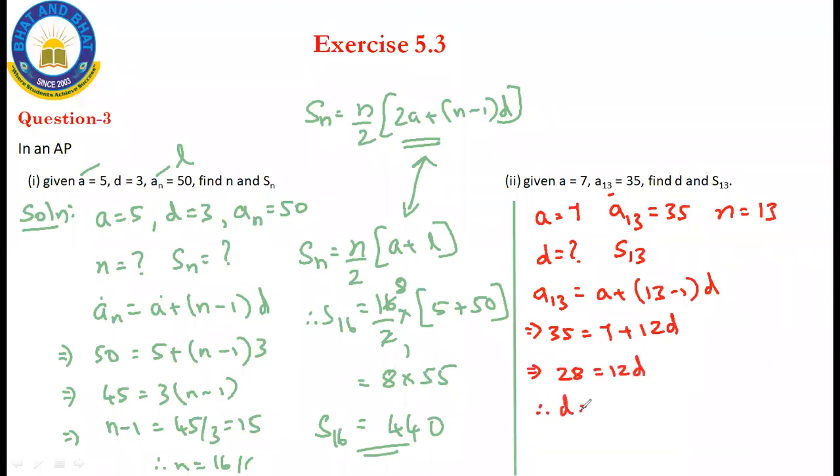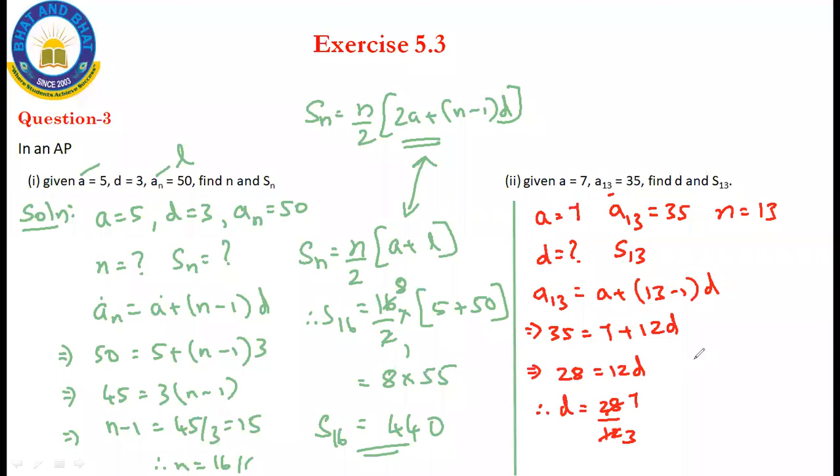Therefore, d is equal to 28 divided by 12. 4 3s are 12, 4 7s are 28. d is 7 by 3. Is that correct? d is 7 by 3.